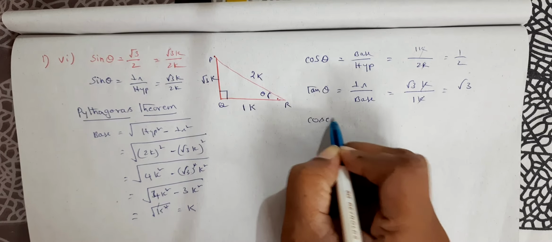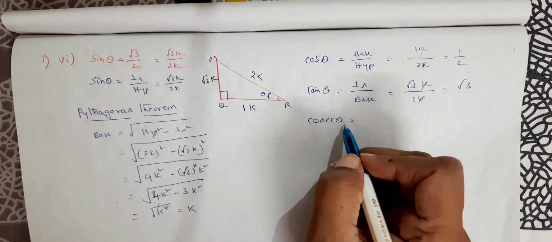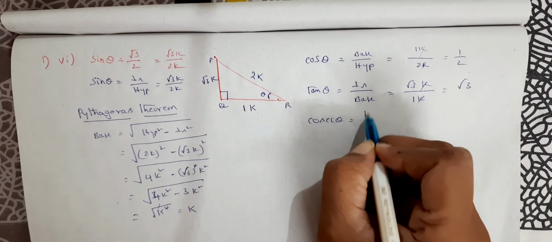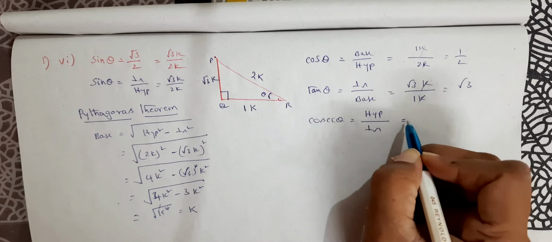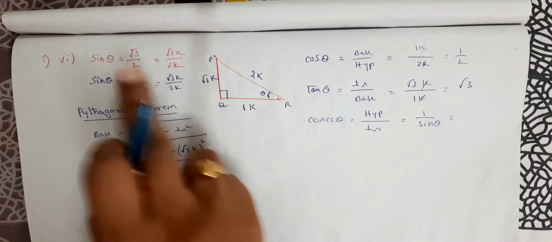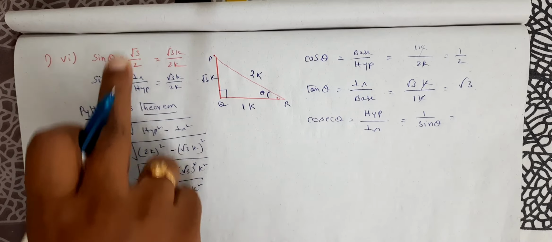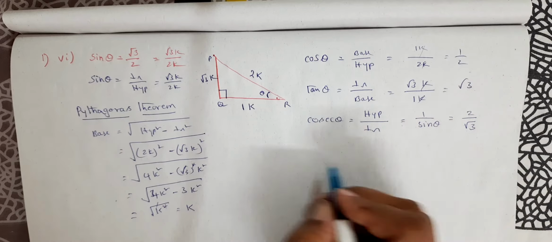Now next comes cosecant theta. How is cosecant defined? Cosecant is defined as hypotenuse by perpendicular, or can also be written as 1 by sin theta. Since the sin value root 3 by 2 is already given, reciprocate it, that is 2 by root 3.